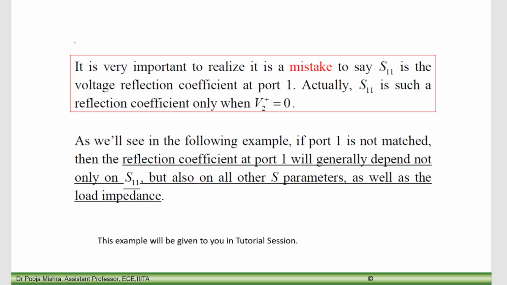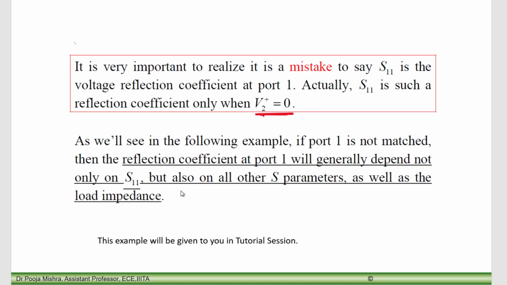So you understood that it will be a mistake to say that S11 is the voltage reflection coefficient at port 1. It will be so only when V2 plus is 0. If port 2 is not properly matched, then S11 will not be called the reflection coefficient at port 1.